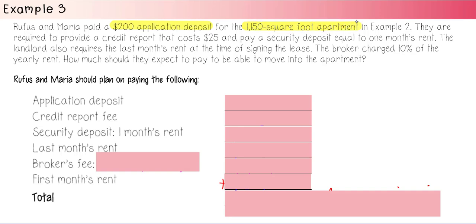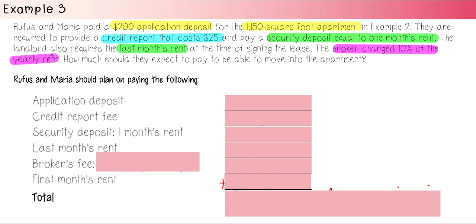So they are required to provide a credit report that costs $25 and pay a security deposit equal to 1 month's rent. The landlord also requires the last month's rent at the time of signing the lease. The broker charged 10% of the yearly rent.